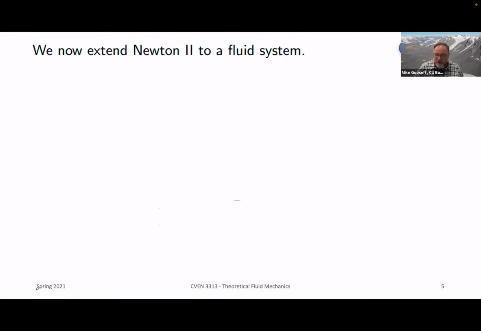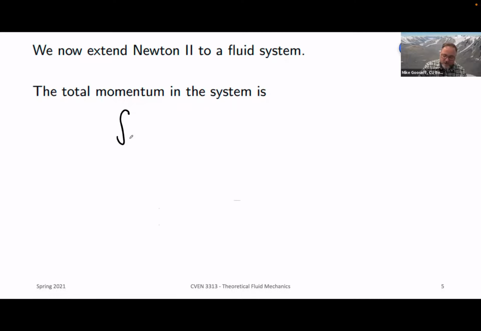So anyway, all right. So Newton 2, by the way, is just a shorthand for Newton's second law. So if we extend Newton's second law to a fluid system, the total momentum of the system can be written like this, which is to say that the integral over the system of V, the velocity vector, times rho dV.